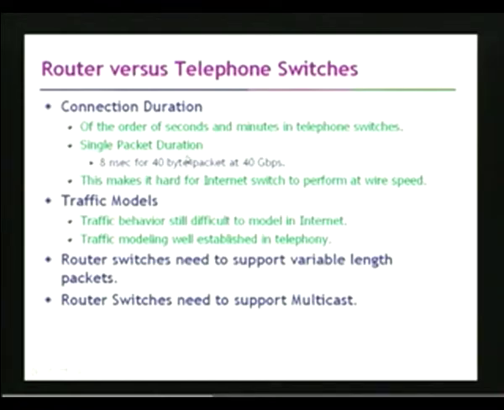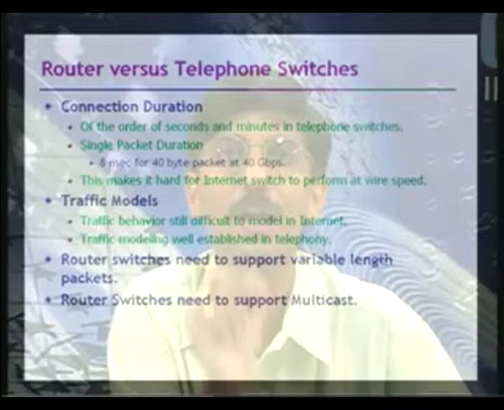On the other hand, the connection duration in a router will be a single packet duration. And if we consider a packet switch in the core of the network, which will be operating at high speeds of, let us say, 40 gigabits per second, then the connection time would be of the order of 8 nanoseconds for a small 40 byte packet. So that is the order of magnitude we are talking of in terms of the connection durations.